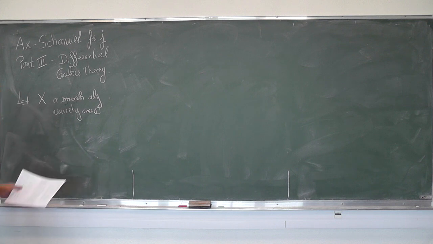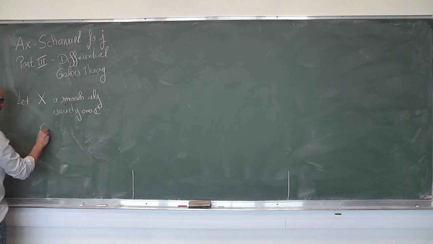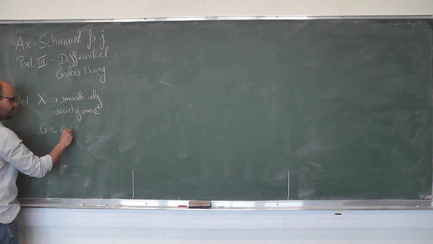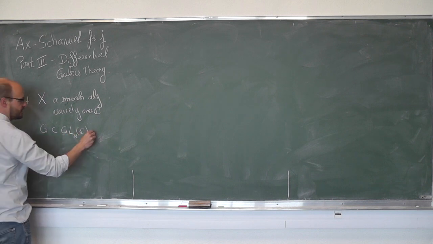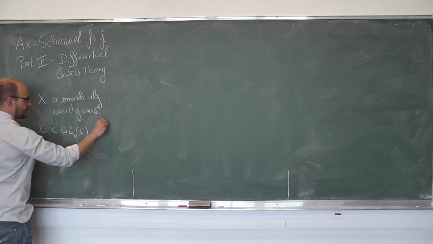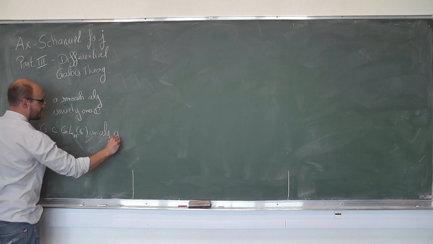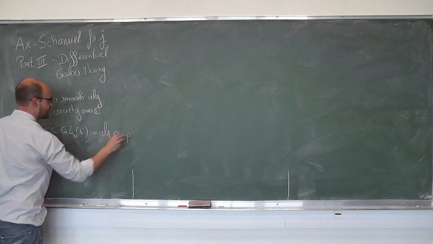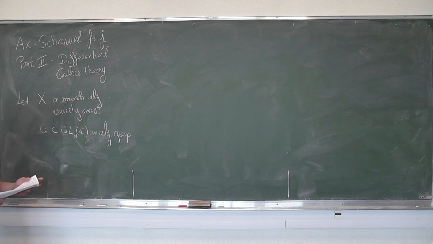Then G, inside some GL_N(C), will be an algebraic group, an algebraic subgroup of the group of matrices.